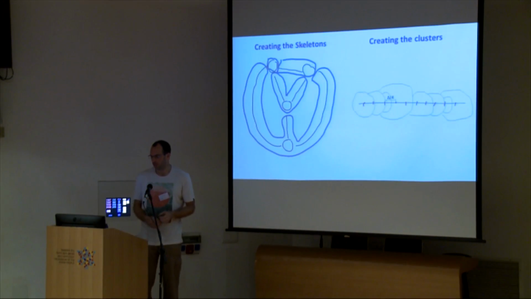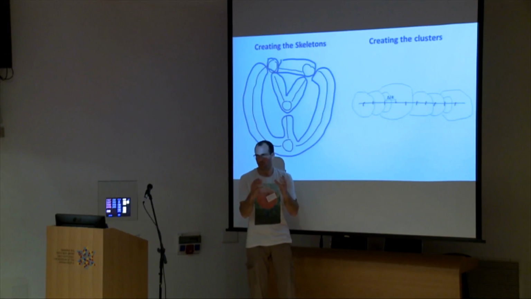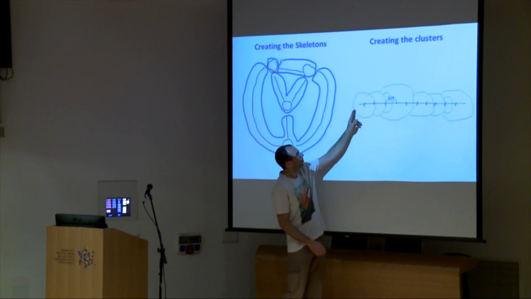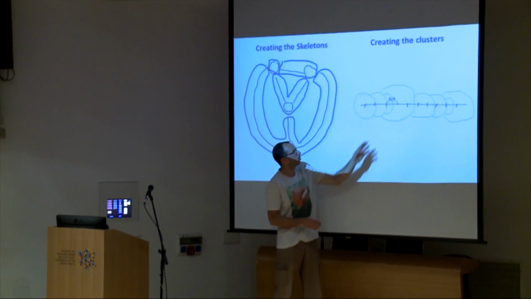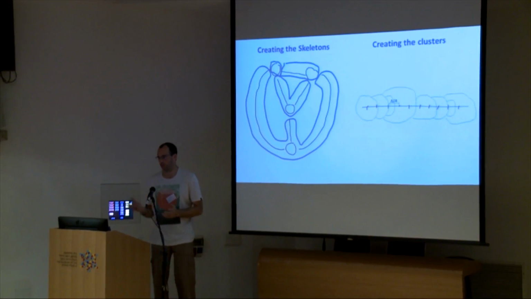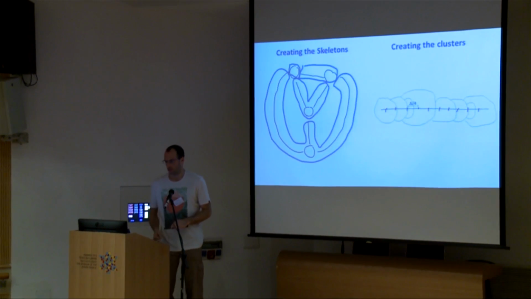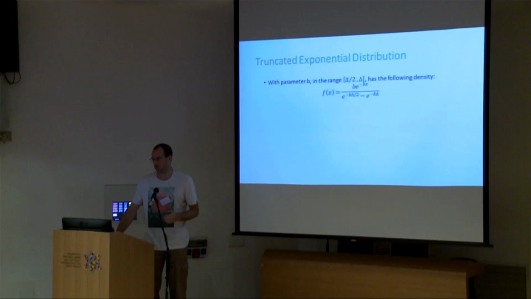We have a bunch of vertices, and each one of these vertices, the order doesn't really matter, takes a certain ball around itself and says, okay, this is a cluster. So the first point got this ball. This is one cluster of the partition. The second one also takes a certain radius around it and says this is a cluster, and it could have a different radius. And we do this for every one of the shortest paths, and this gives a partition.